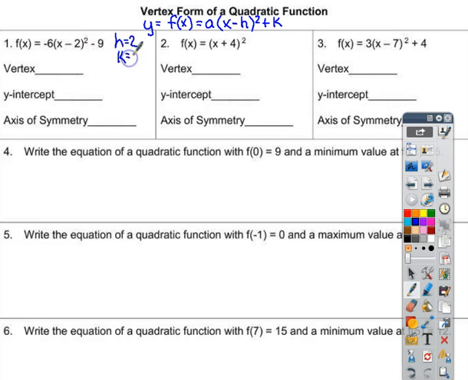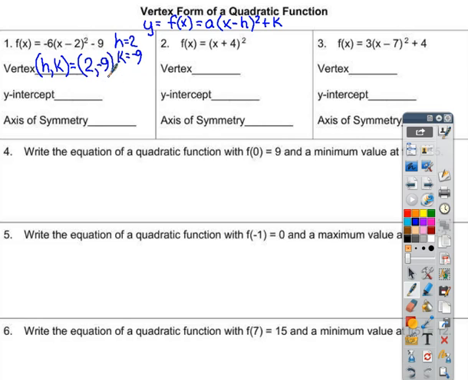The reason it's negative 9 is because our formula says plus k. Since we have a negative here, we know that our k is a negative 9. All we have to do is fill in some blanks. Our vertex, if you look back at your notes, is h, k. That's equal to the two numbers we just pulled out. h is equal to 2, and k is equal to negative 9.